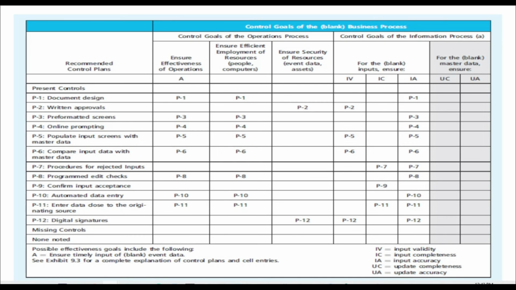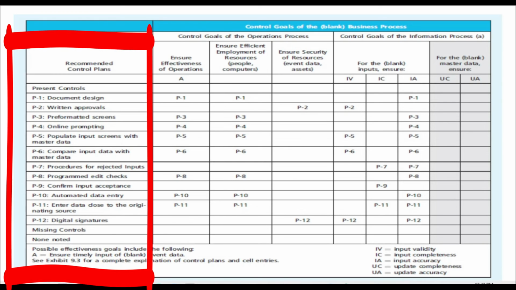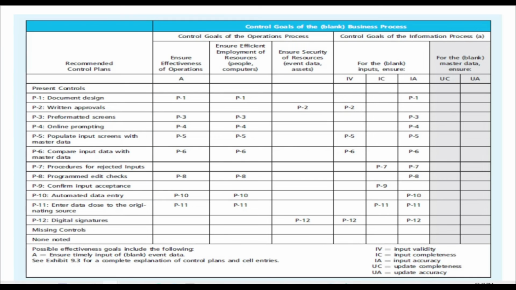Here is an illustration of the control matrix, matching the recommended control plans and then checking against these recommended control plans whether they are in place in the enterprise, and they've been shown for the process controls and then for the information process controls.